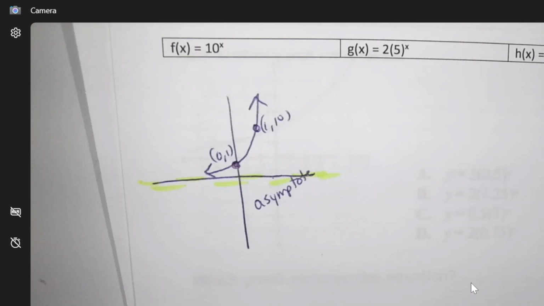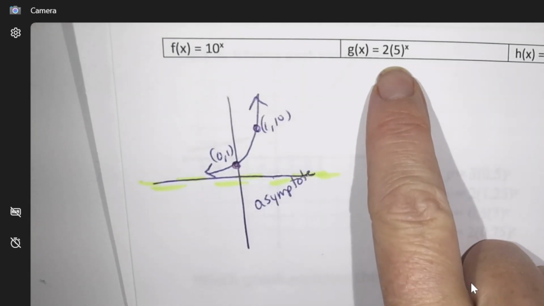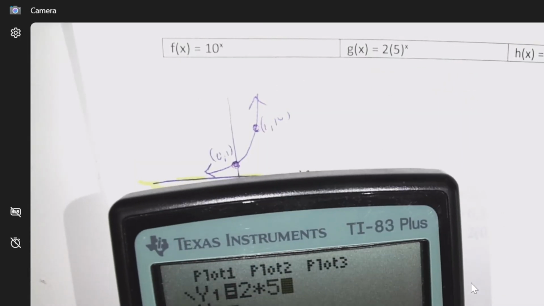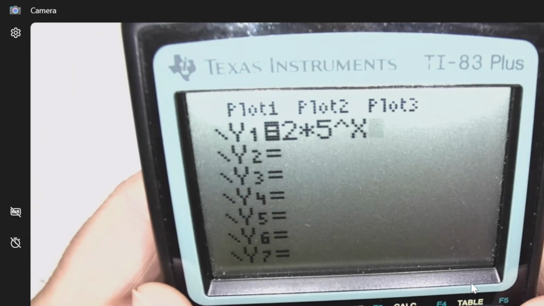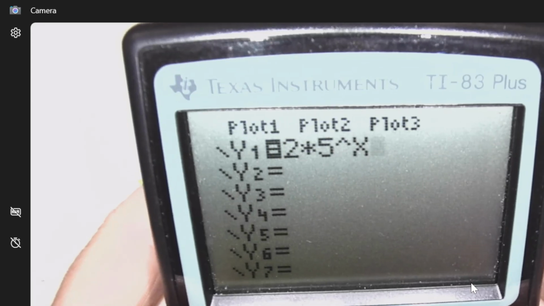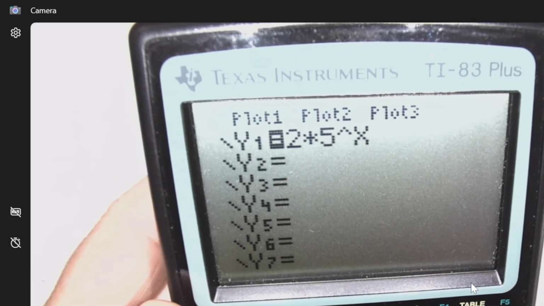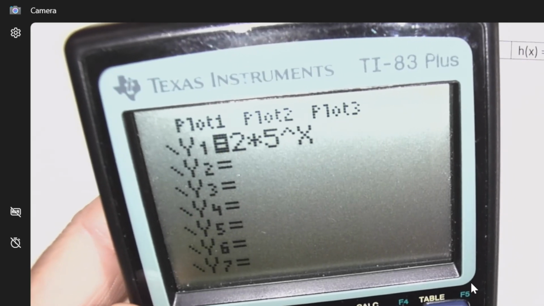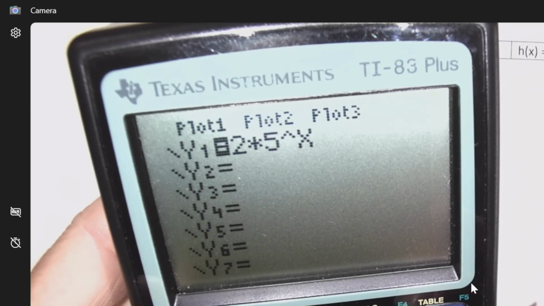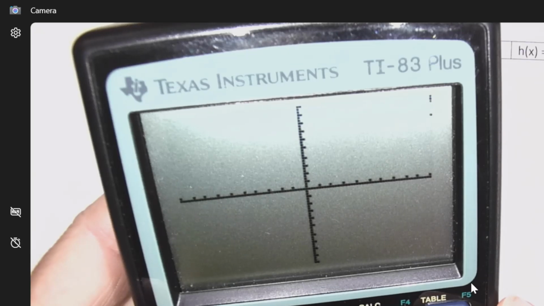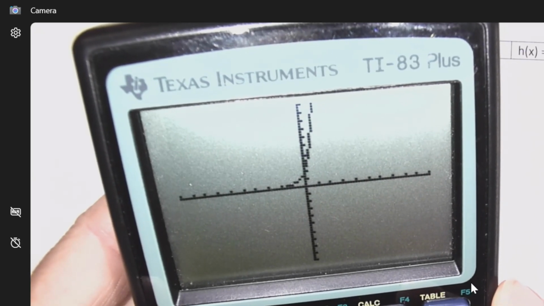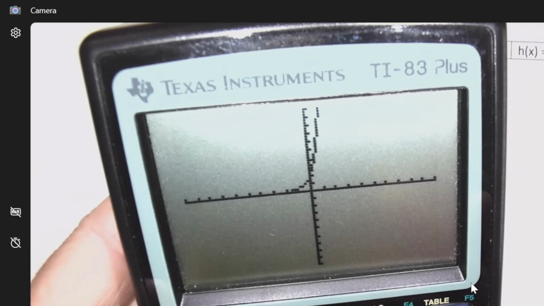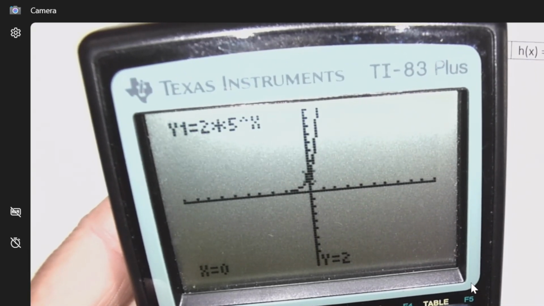All right, we are going to now graph this one. So y equals 2 times 5 to the x. So I put a times symbol between. So 2 times 5 to the x. And I'm going to graph it. I'm going to trace.